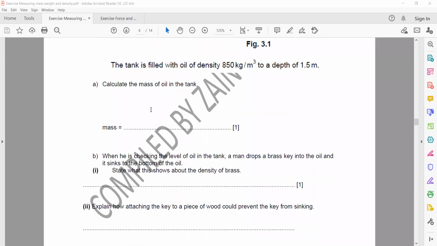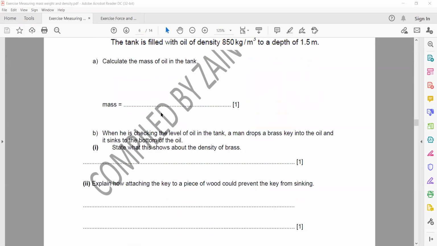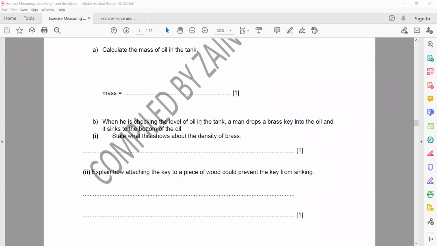In the question they ask, when he is checking the level of the oil in a tank, a man drops a brass key and it sinks to the bottom. State what this shows about the density of the brass. So it shows that the density of the brass is greater than the density of the oil.